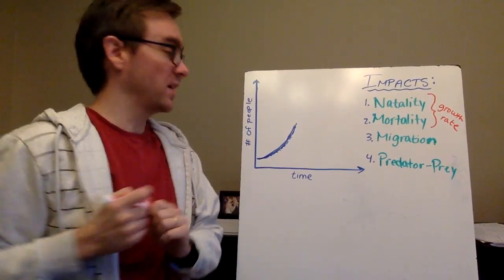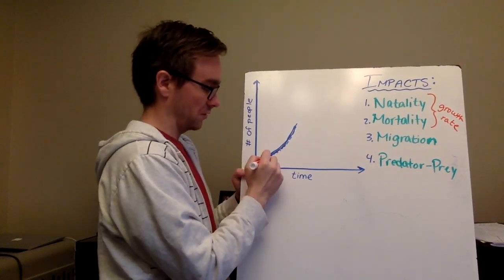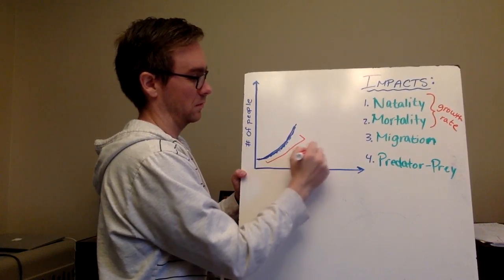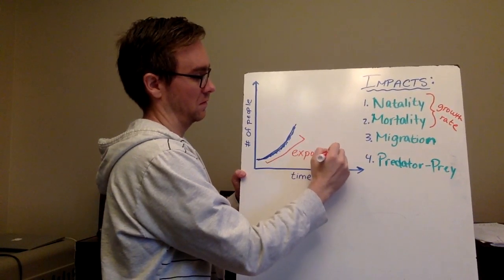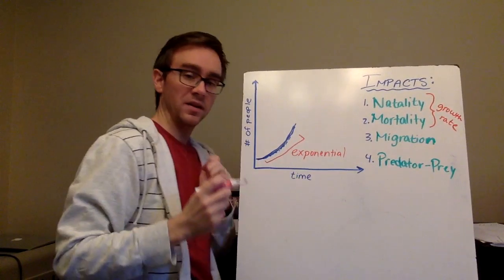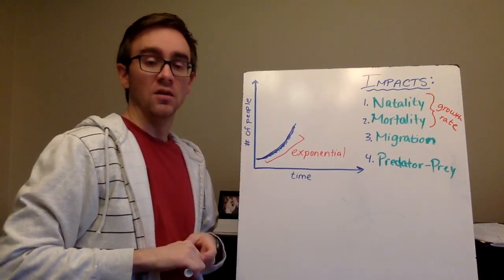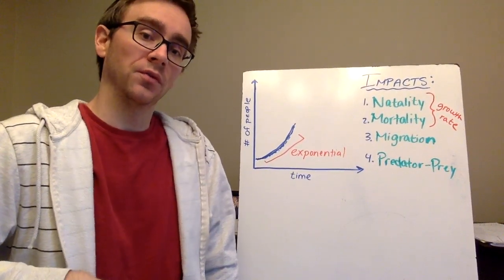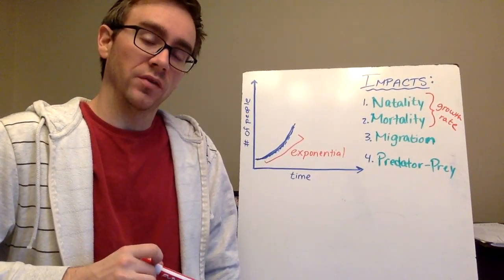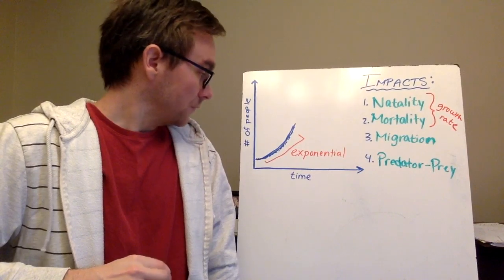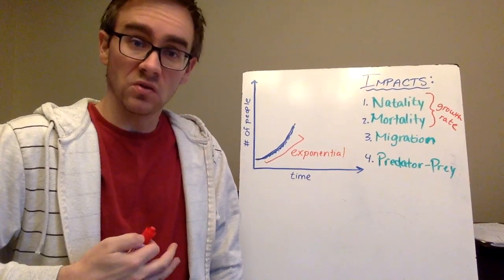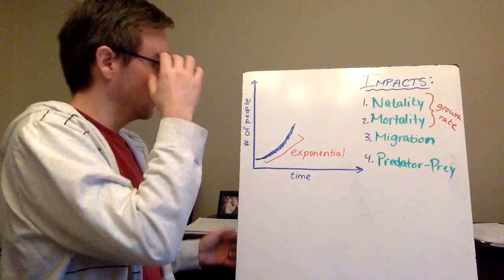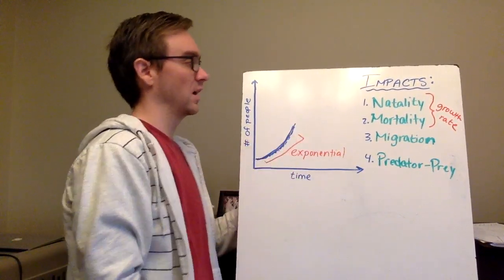This right here is what we call exponential growth, where basically you are getting more and more and more individuals, giving this upward curve. It's some sort of function. You can find the function depending on the organism and what exponential rate it is, but we have an exponential rate growing up there.